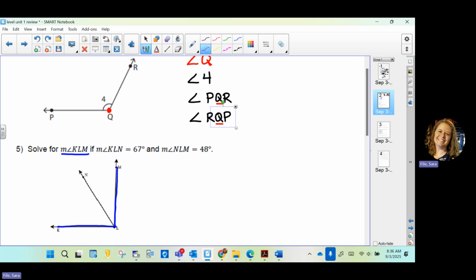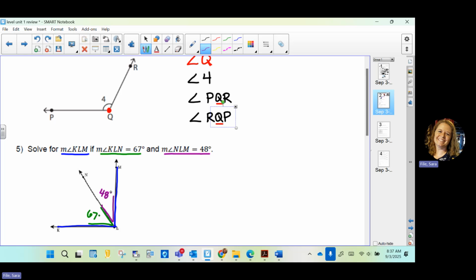They tell us that KLN, that's this green one here, is 67 degrees. And NLM, so I trace NLM, that's this purple one here, is 48 degrees.